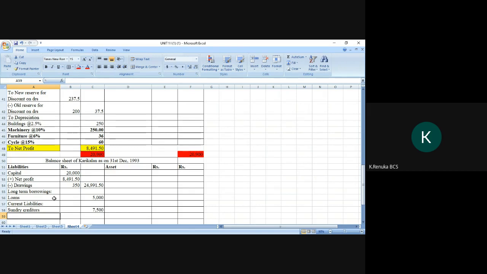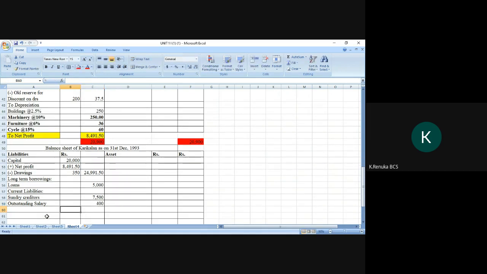The salary adjustment has been made in the P&L account, so we post the same item again in the balance sheet. The adjustment amount only is to be posted here, not the value which you have calculated.